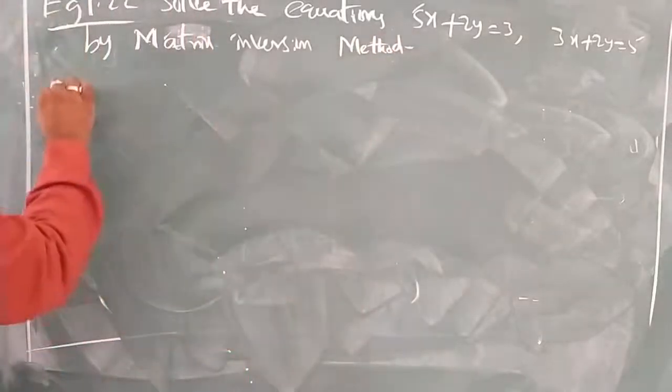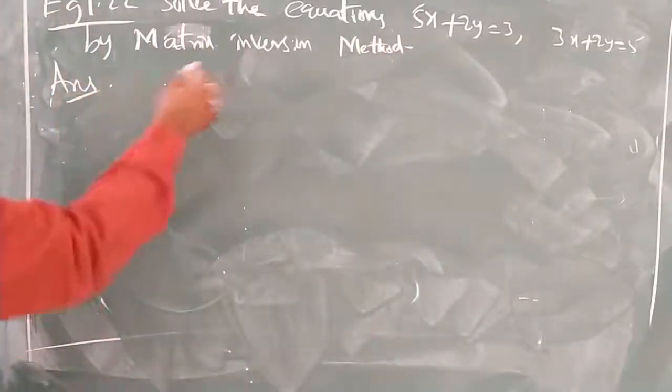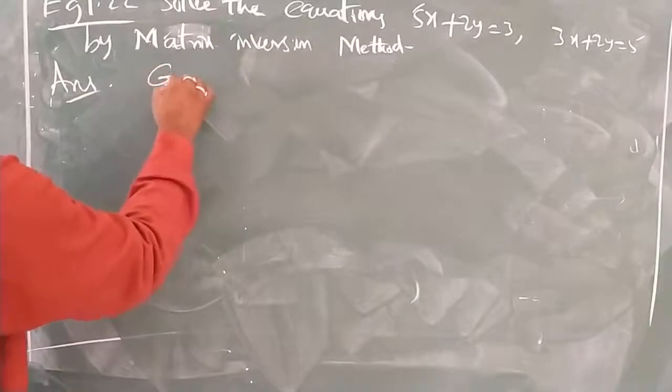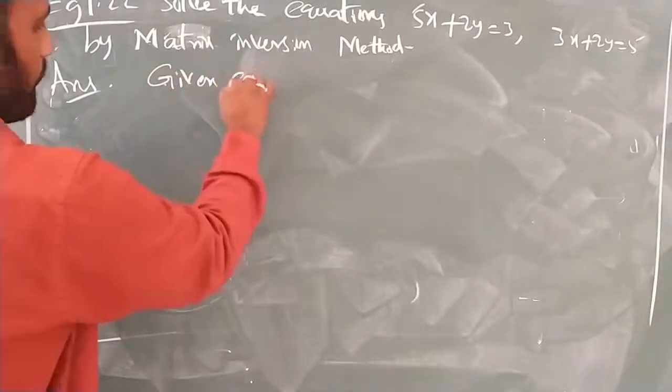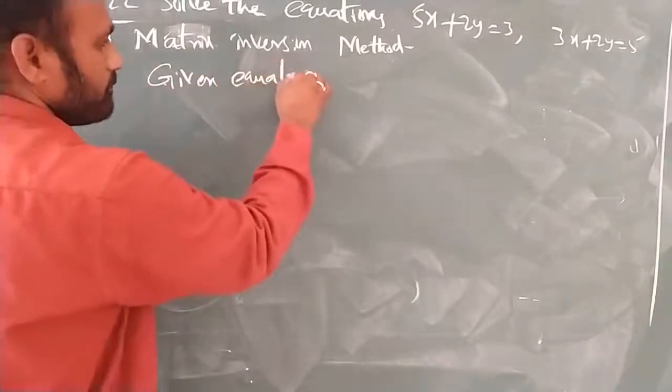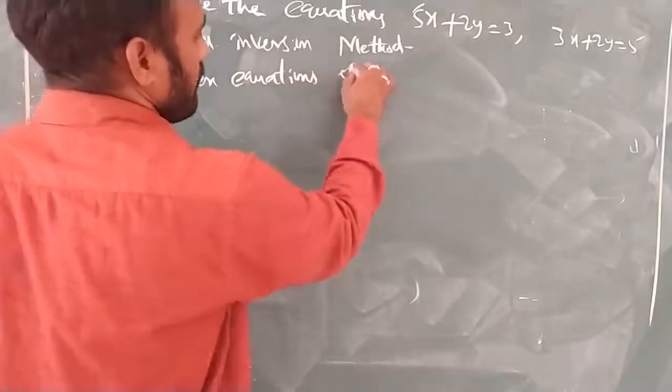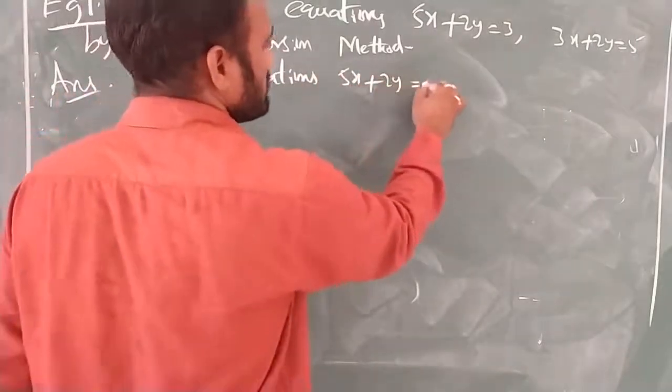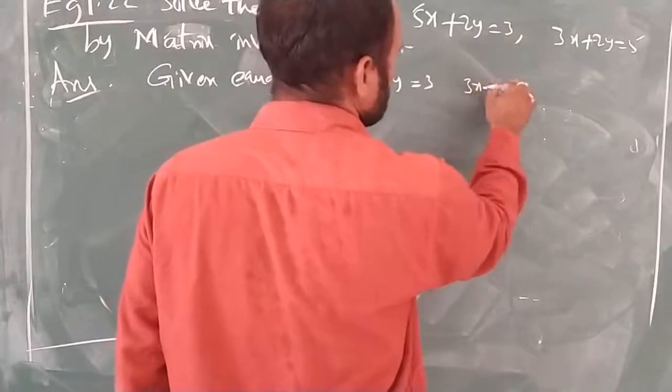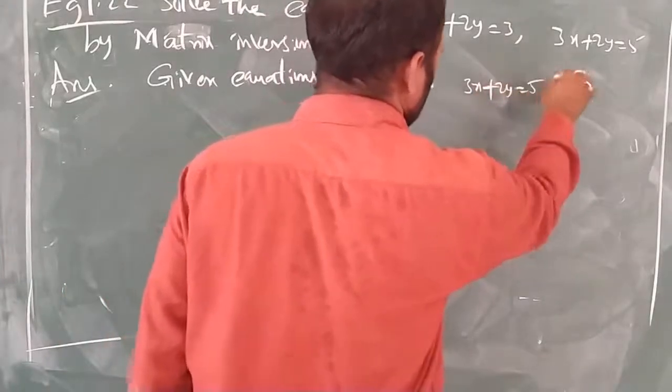So by using this method, let us solve. First, given equations: 5x + 2y = 3, 3x + 2y = 5.